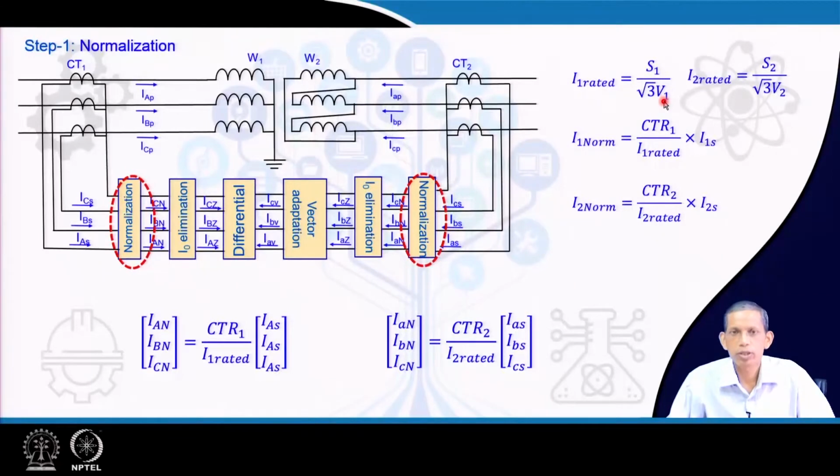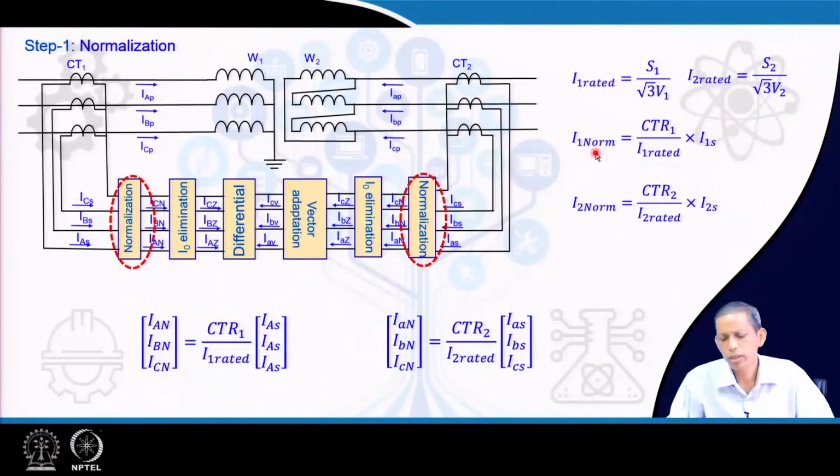This rated current is also in adjustment with the tap changing position of the transformer, and then similarly we calculate the rated current using the actual voltage of the system, from the KVA rating of the transformer. That depends on the rating of winding 1 and winding 2 and so on.